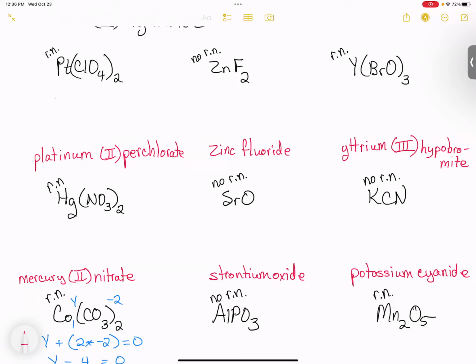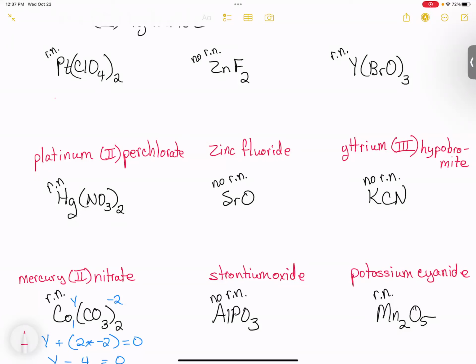Challenge number 3 is figuring out which of these needs a Roman numeral and which one does not. The ones that don't, if you met challenge number 1, you've already got it made, because the ones that don't need a Roman numeral, you name the metal, you name the anion.